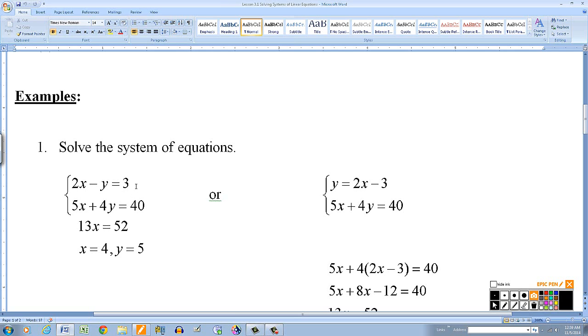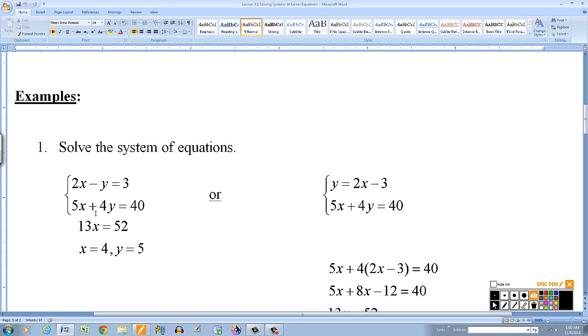And if it helps to multiply one of the equations by a number or both equations by a number, we do this. So in this first one I have 2x minus y is equal to 3, and 5x plus 4y is equal to 40. So the objective is to eliminate one of the variables by adding.